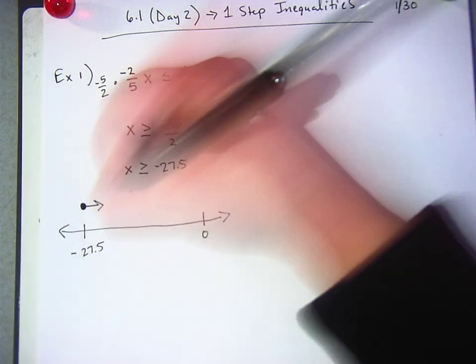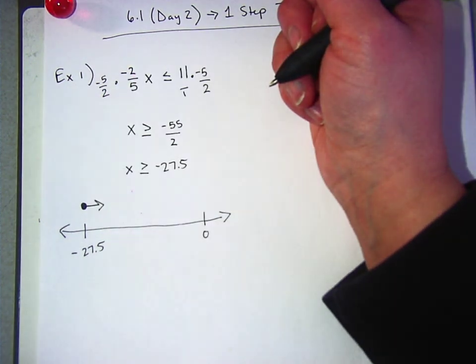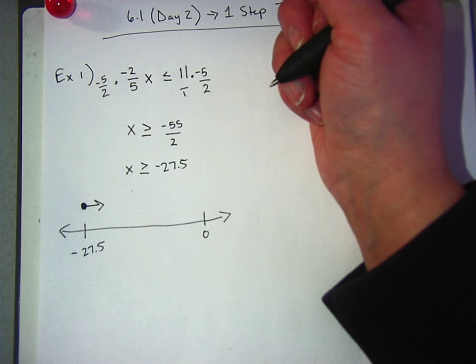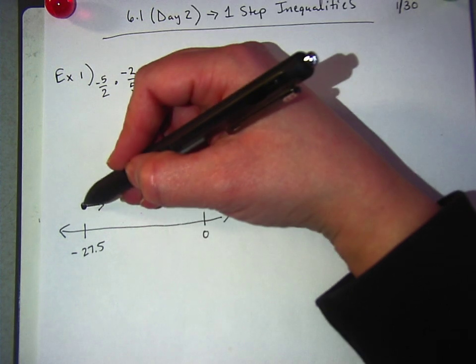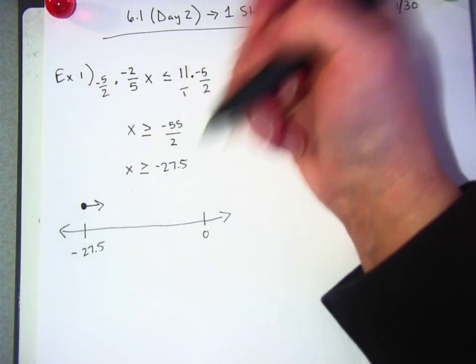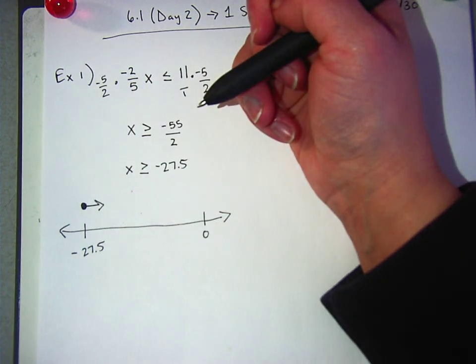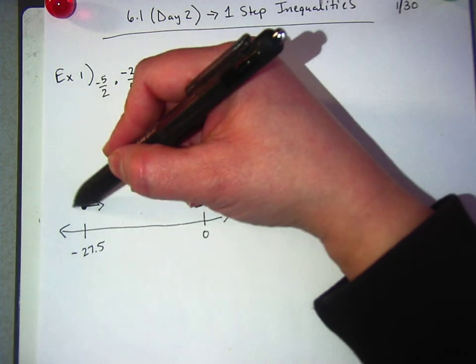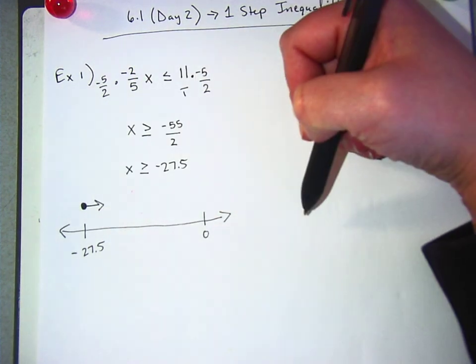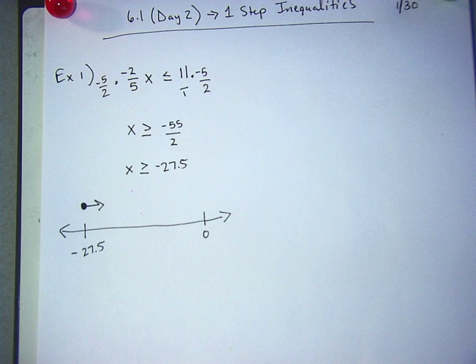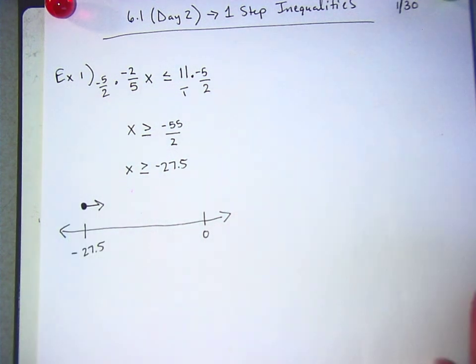Because it's greater than. So is -27.5 an answer? Yes, because it's closed, so that means that one is included. How about -28? No, because that's a little bit over here. How about -27? Yep, anything on this side counts. How about +27? Yep, the arrow still goes to all the positive numbers.